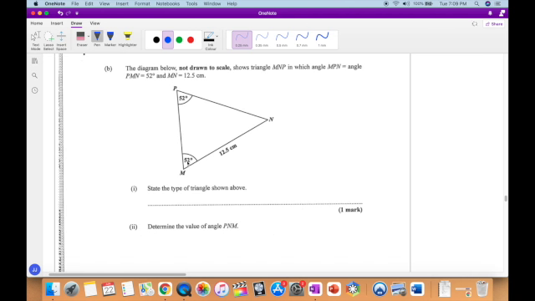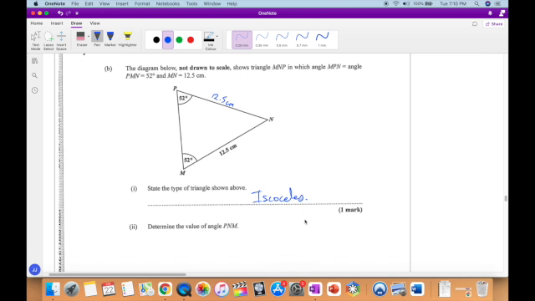We saw that these two angles, and remember, if these two angles are equal, you can think about them like the base of an isosceles, where this is 52 and this is 52. So that means that these two sides are going to be equal. So if this is 12.5, then this is also going to be 12.5 centimeters, because this would be an isosceles triangle. So state the type of triangle shown. Isosceles.